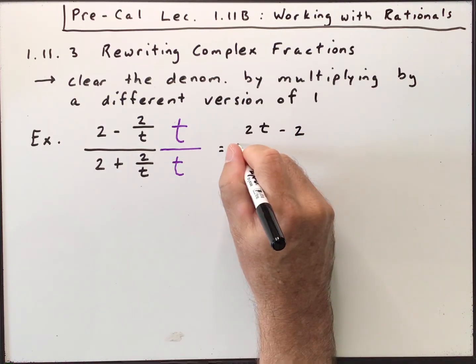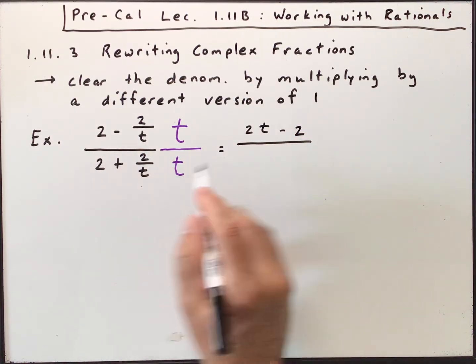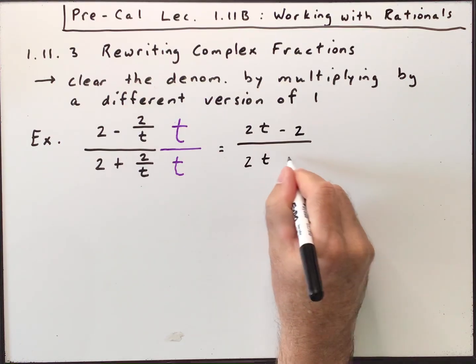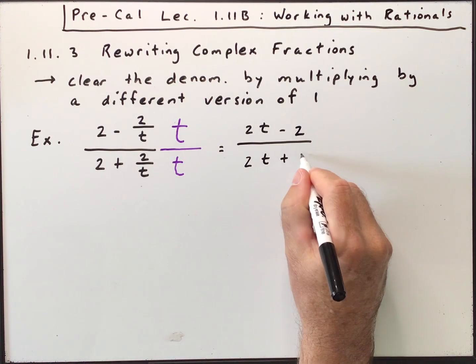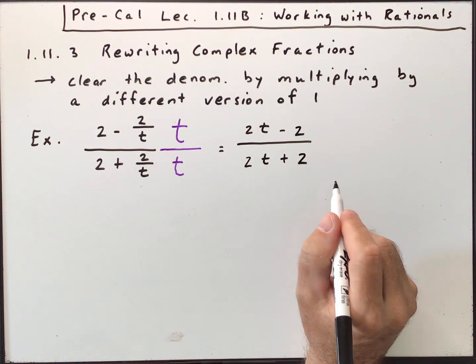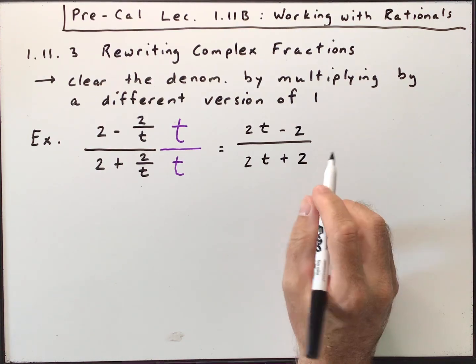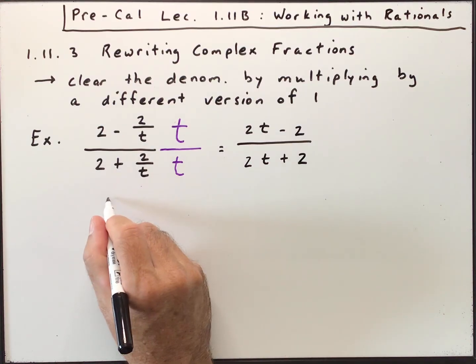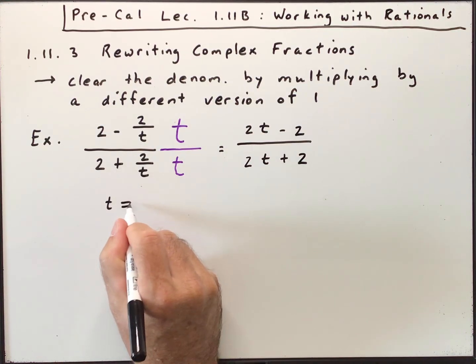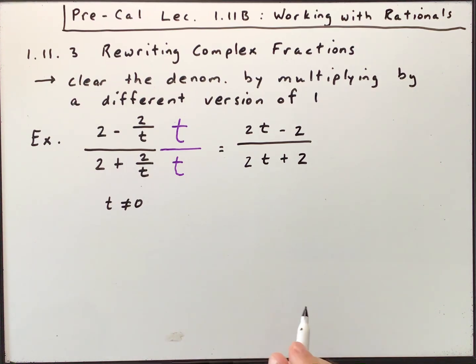So we skip that whole middle section. And then we would have 2t on bottom, and then t times 2 over t, the t's cancel, and have plus 2. Okay, so if those t's cancel out like that, we can't have t equal to 0. So I'll go ahead and write that out.